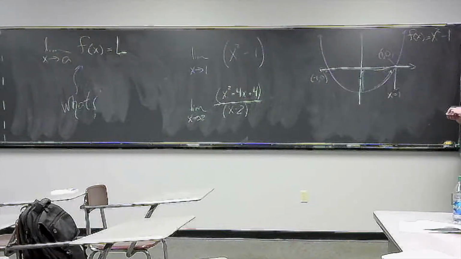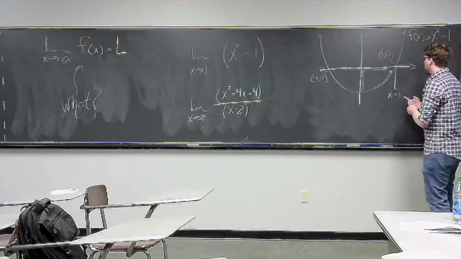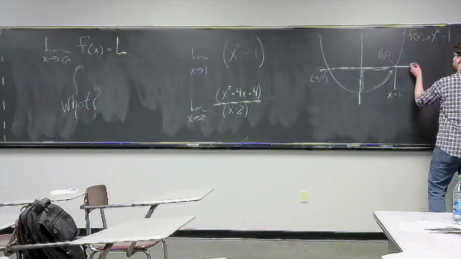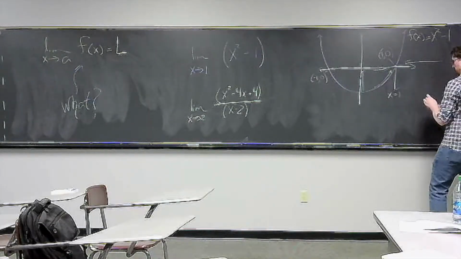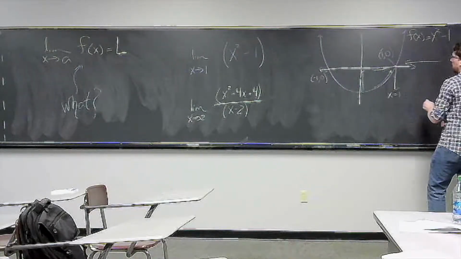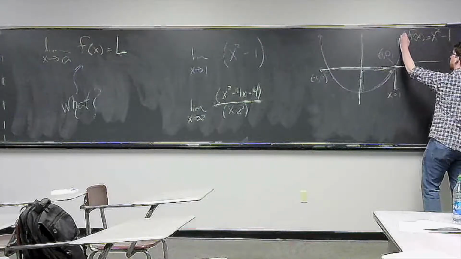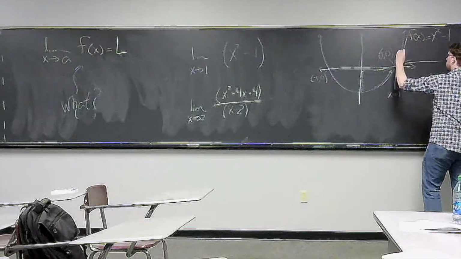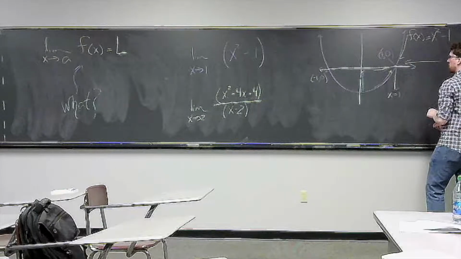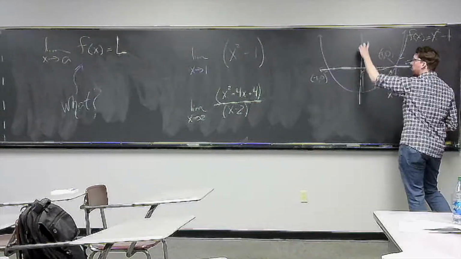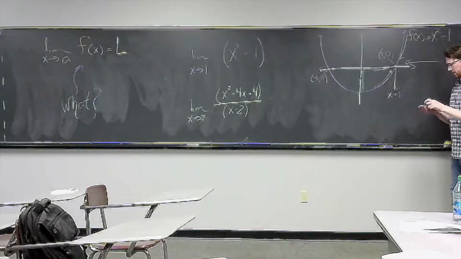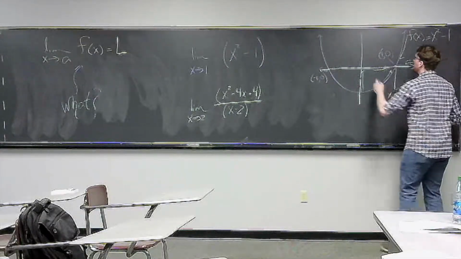Now, if we do it from the other direction, if we come at 1 from the right, so over here, well, then we're moving down the function, right? Like this. And if we were to think of this motion as a shadow on the y-axis, it would look like we're moving down.